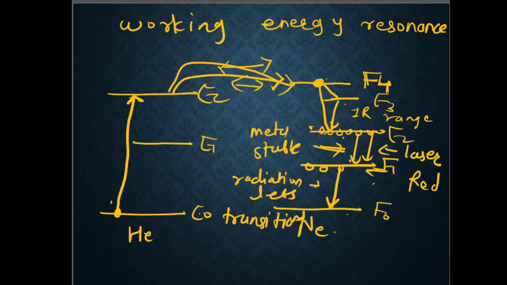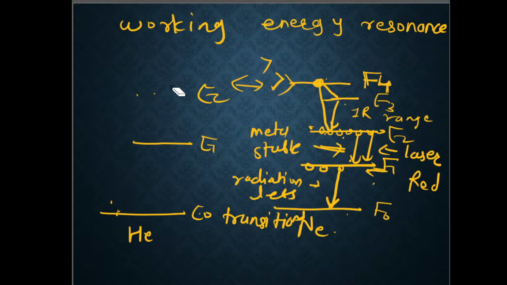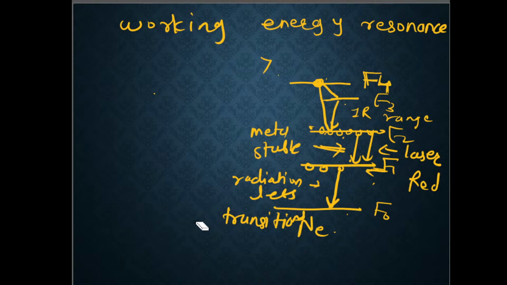I hope you understand what is happening here. I will explain it again, just this neon part. Whenever the helium atom transits from a lower energy level to a higher energy level, then due to energy resonance it transfers its energy to the neon atom with F4.